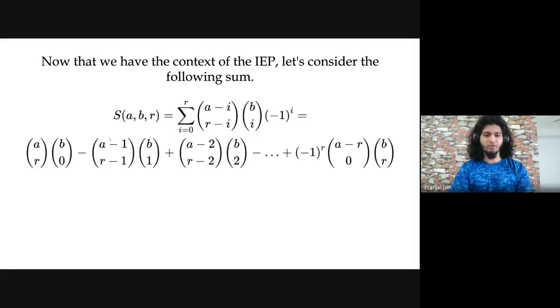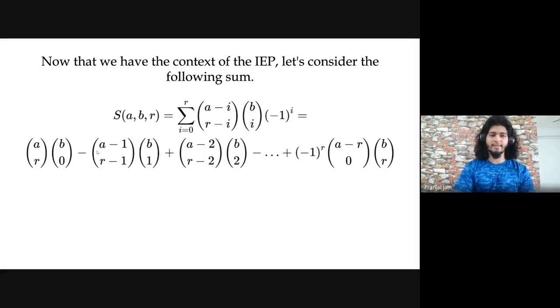Then at every step, you reduce this index and you reduce this index and you increase this index. So it goes from a to a-1, a-2, and so on till a-r, and this goes from r, r-1, r-2, down to 0, and 0, 1, 2, so on till r. And the sign is also alternating.